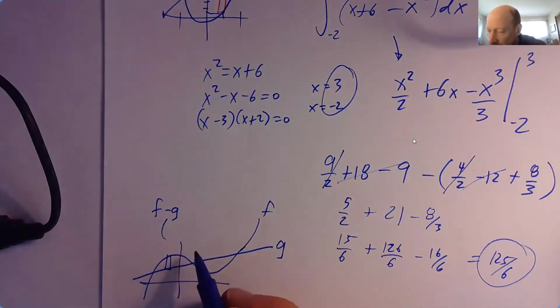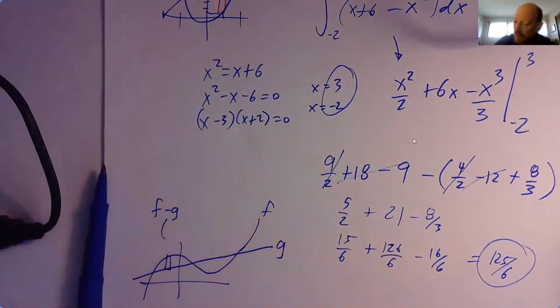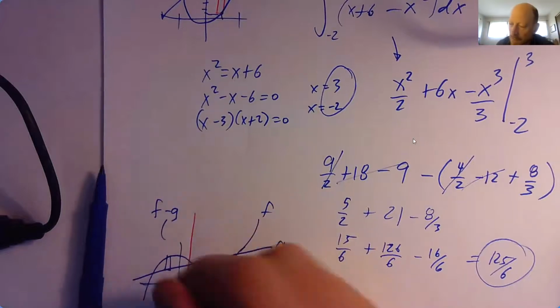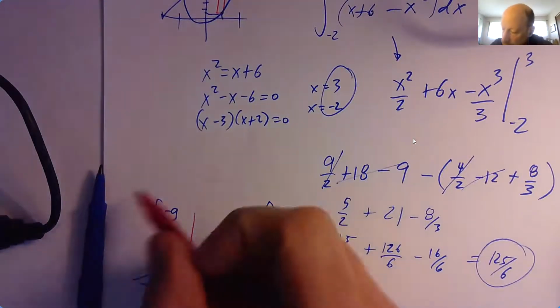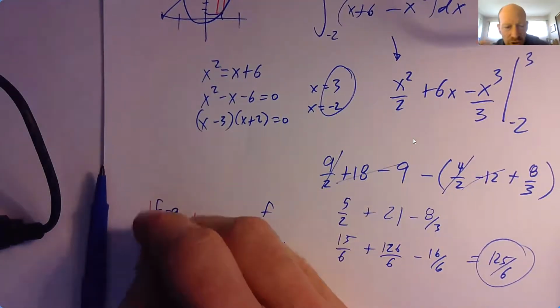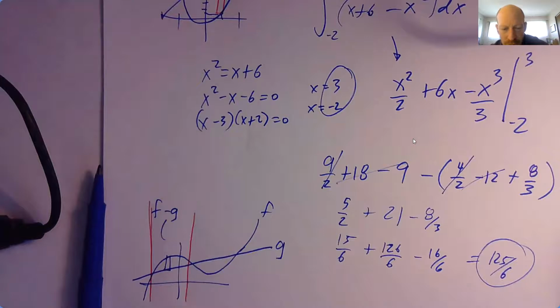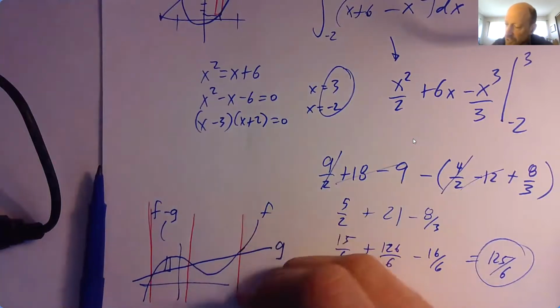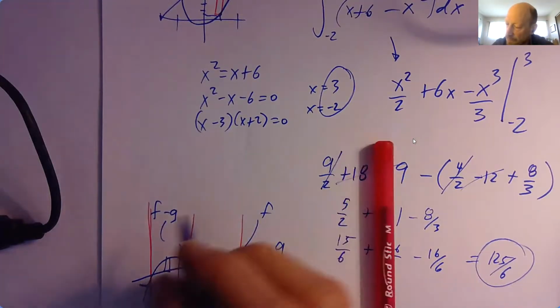So what I would have to do in this case is split this and integrate this region over f minus g, and then the second region would be g minus f.